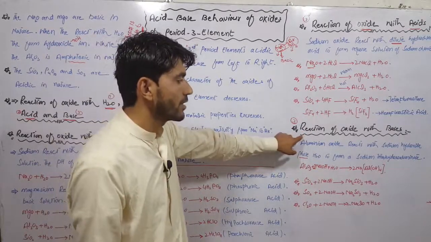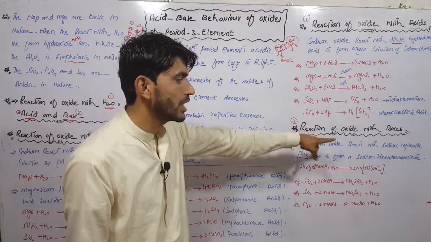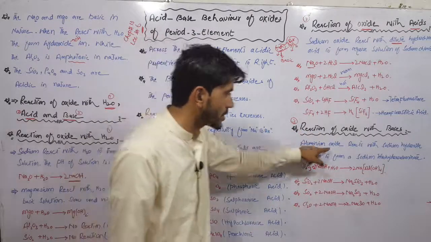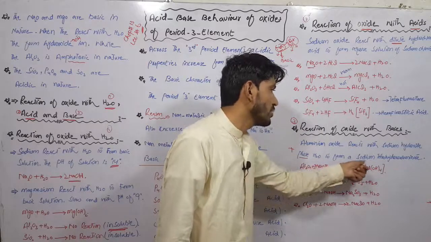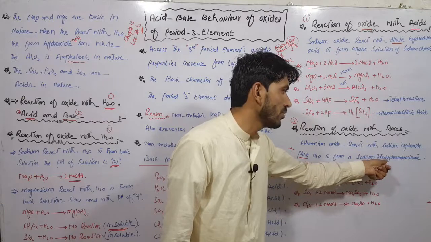Our third and last point is the reaction of the oxide with base. Aluminum oxide reacts with sodium hydroxide plus water to form sodium tetrahydroxoaluminate.